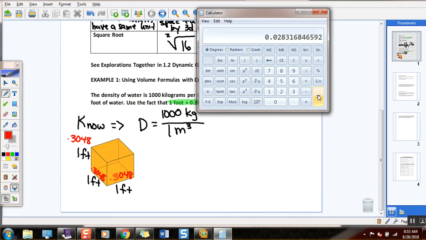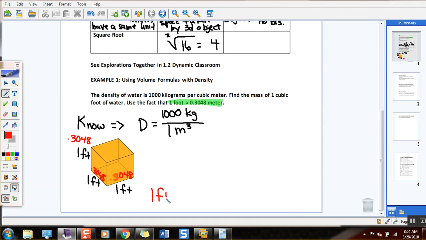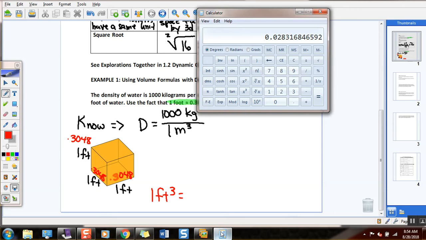So what this is saying, kids, is this. When we multiply this out, this is really saying that 1 cubic foot was equal to how many cubic meters again, kids? 0.0283.